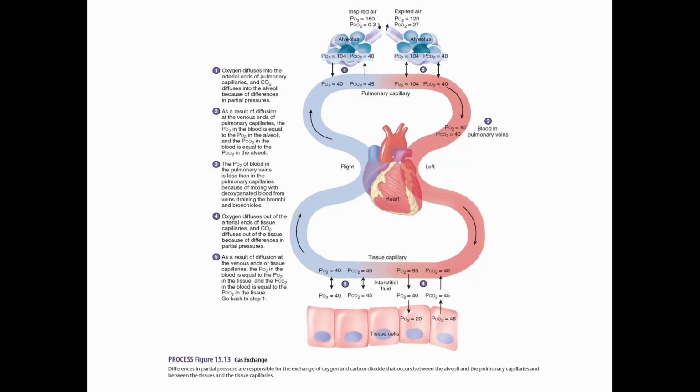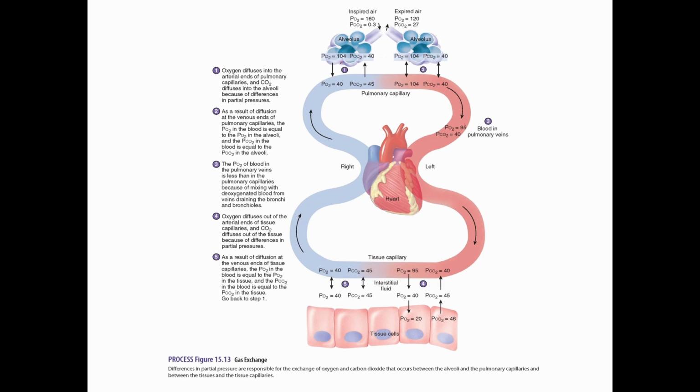Now, first, oxygen diffuses into the arterial ends of the pulmonary capillaries, and the carbon dioxide diffuses into the alveoli because of differences in partial pressures. So partial pressure is also a type of pressure. This is for inspired air.